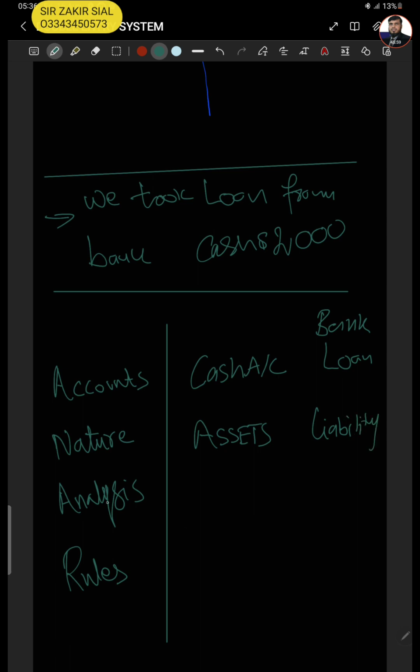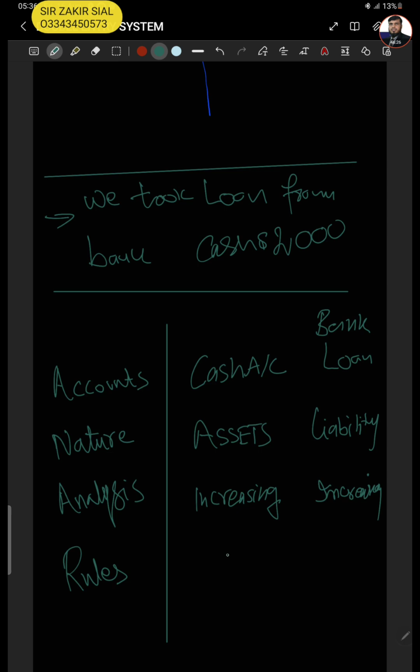When we are receiving cash, the cash asset is increasing in the business. At the same time, liability is also increasing. Whenever we are taking a loan, our liability is increasing.